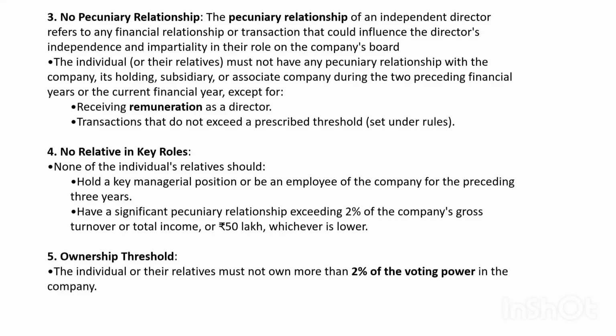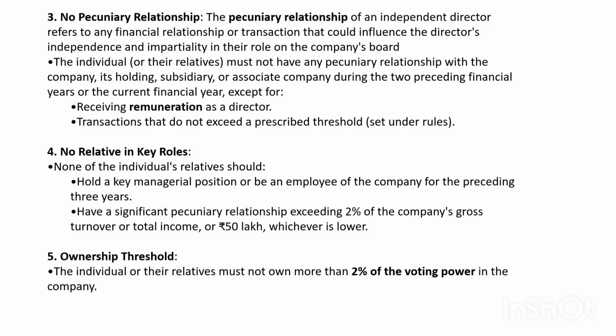The independent director should not have a pecuniary relationship with the other directors. What is a pecuniary relationship? A pecuniary relationship of an independent director refers to any financial relationship or transaction that could influence the director's independence and impartiality in their role on the company's board.